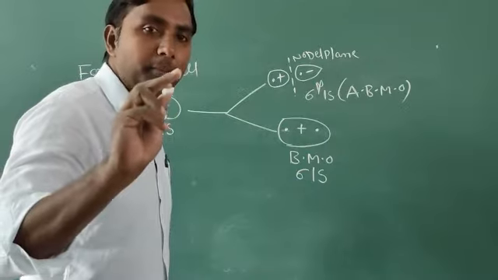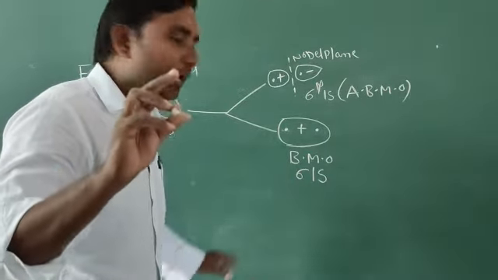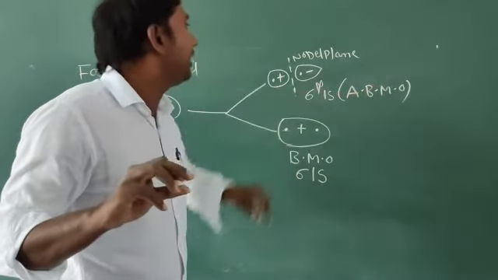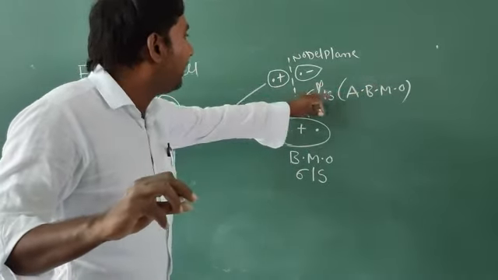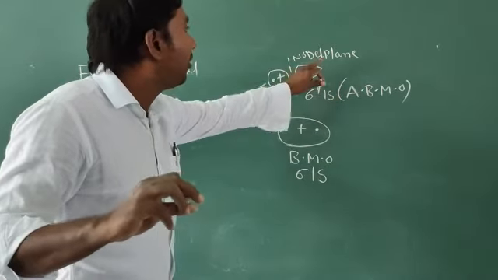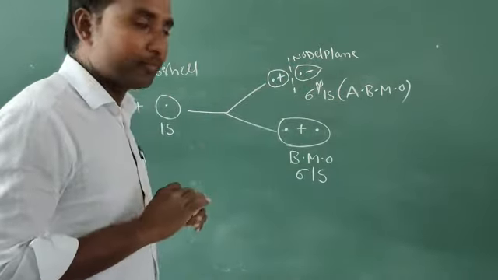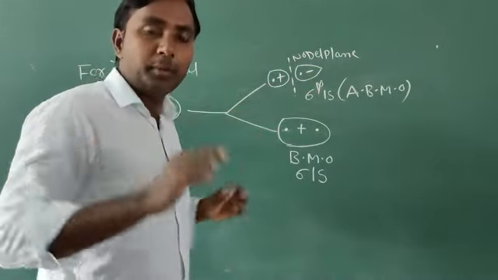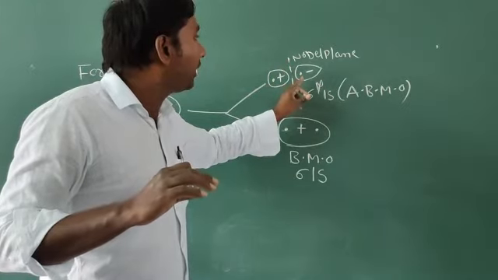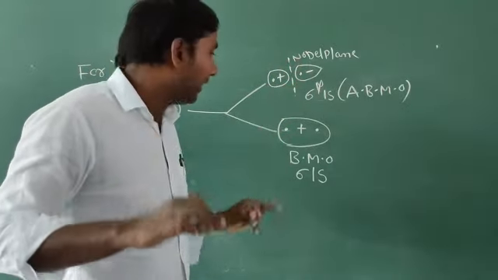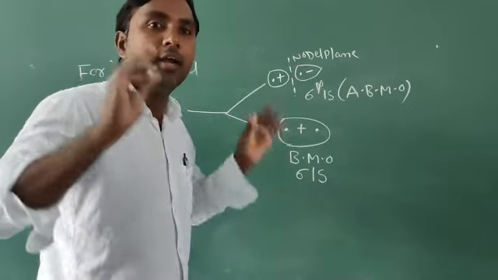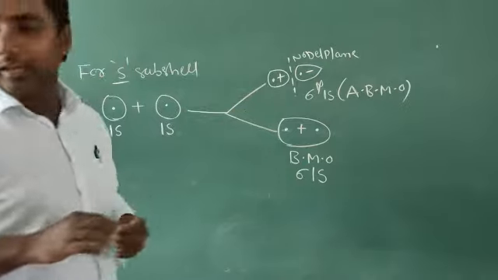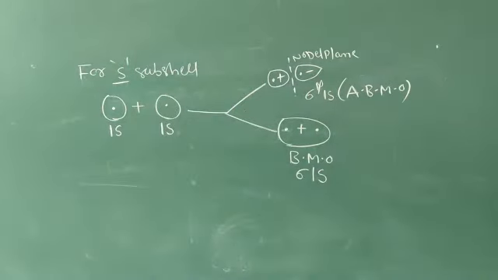For the s subshell, the bonding molecular orbital is represented by sigma, and the anti-bonding molecular orbital is represented by sigma star. The anti-bonding molecular orbital has one nodal plane. The NEET exam asks this. You should remember that the anti-bonding molecular orbital only has a nodal plane. The bonding molecular orbital does not have a nodal plane. This is for the s subshell.